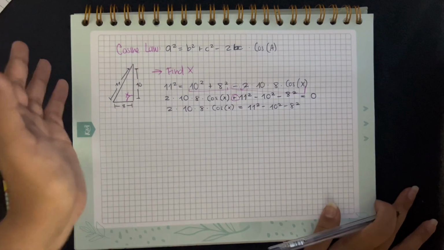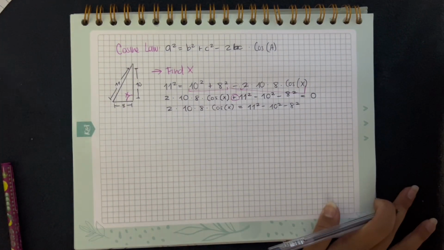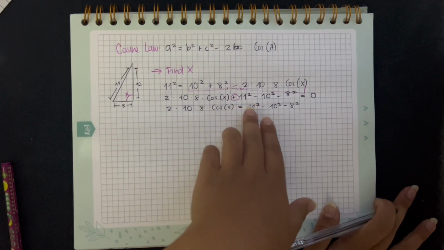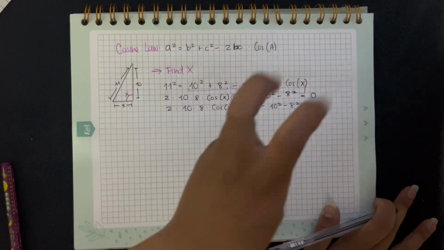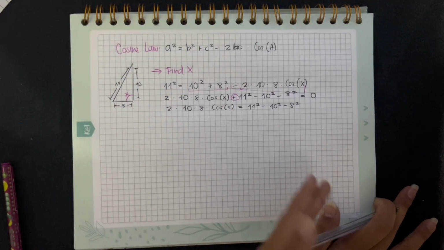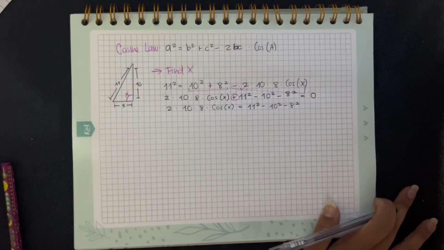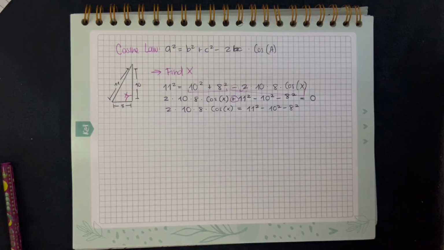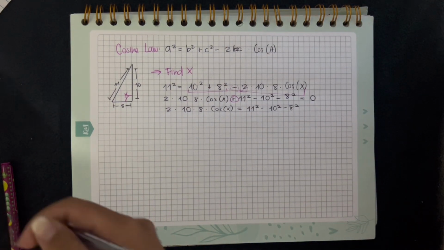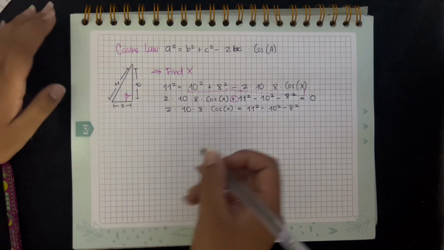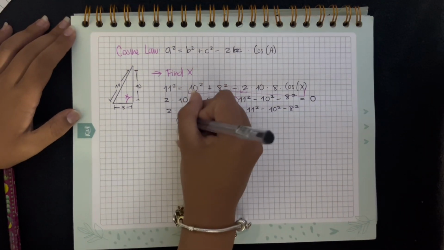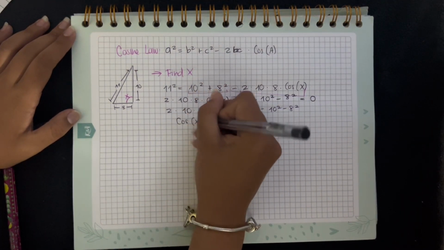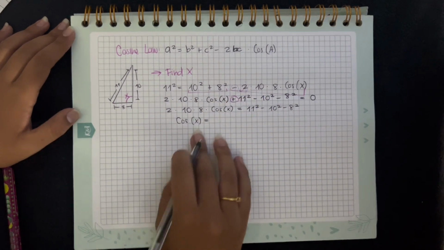And that is how we pass this right here, this second group, to the other side and stop using the 0. From there, we can start and isolate the cosine of x. So we have cosine of x.